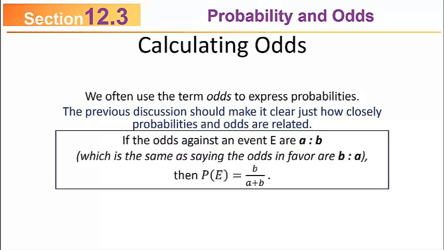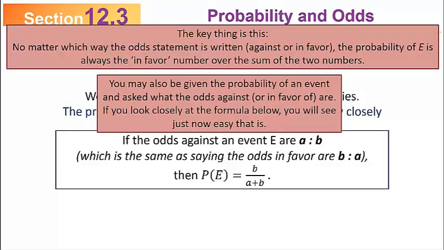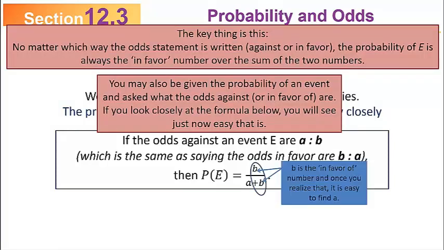If the odds against an event E are A to B, which would be the same thing as saying the odds in favor are B to A, then you can change those odds to probabilities by taking the probability of E as B over A plus B, remembering that B is the number in favor of, and A is the other one.